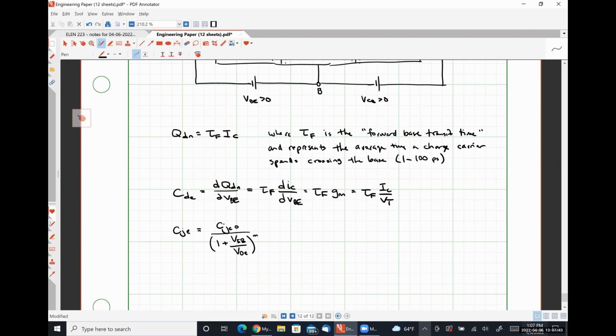A step junction means we treat it as if a piece of P-type material is abutted directly next to a piece of N-type material. A linearly graded junction just means that the concentration of dopants gradually changes from one side to the other. In truth, the overwhelming majority of PN junctions are linearly graded junctions, but the math is slightly easier for step junctions, which is why we usually use those in classes.